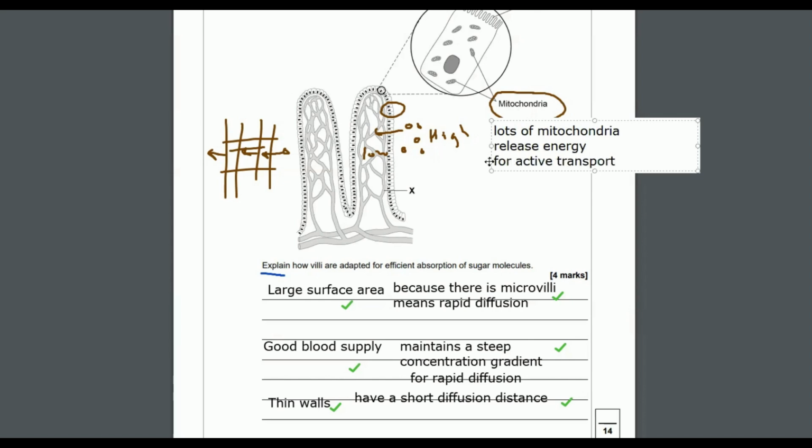Do you remember we said if you're moving at some point, all the food has moved across and you've got a low amount of food left. How do you make sure that all the food gets into the blood? Active transport can move the food from a low concentration to a high, and that requires energy. So cells that are doing exchange of substances often have lots of mitochondria.